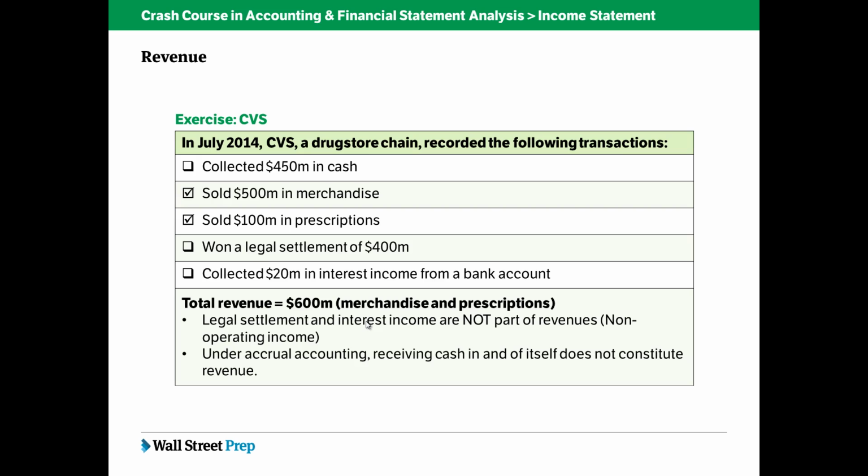If they sold $100 million in prescriptions and $500 million in merchandise, that's what counts as revenue, not how much cash was collected. Next, the legal settlement of $400 million. It's certainly income, but it's not going to be counted as revenue. It's going to be recognized below that operating profit line that we just talked about. And last but not least, the $20 million in interest income from a bank account is the same story. It is certainly income. It's just not going to be counted as revenue.